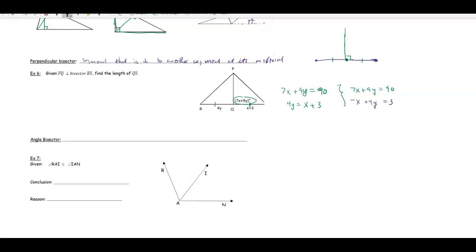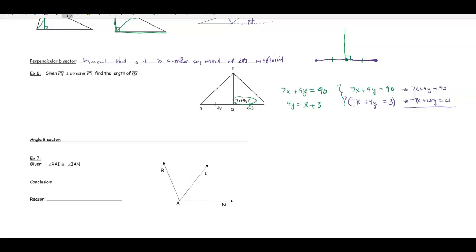So I'm going to keep the top equation the same. But when I look at the variables, it's much easier to cancel out the x's, but I need to make this negative x become a negative 7x. So I'm going to multiply everything by 7. 7 times negative x is negative 7x. 7 times 4y is plus 28y equals 7 times 3 is 21.